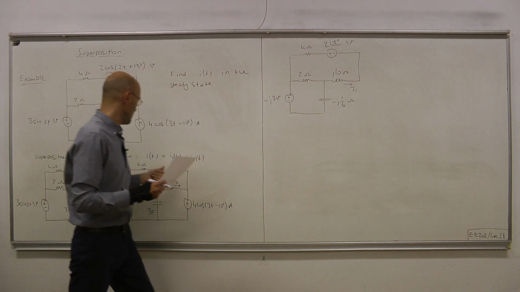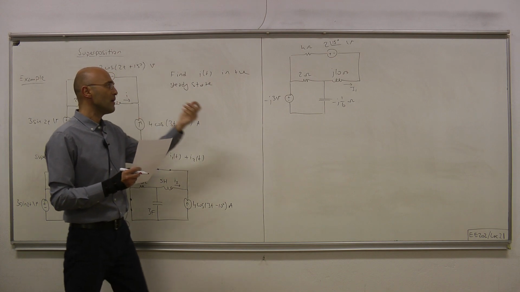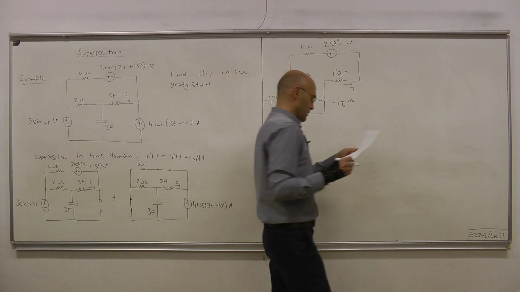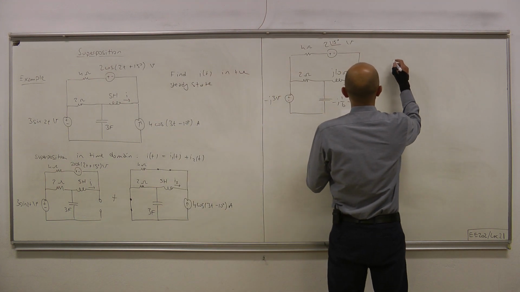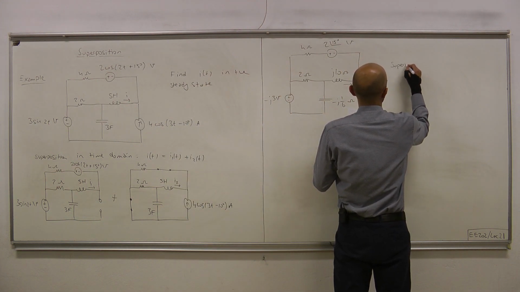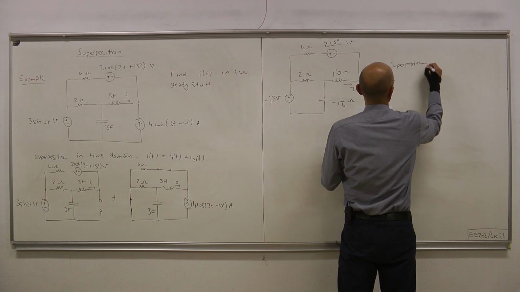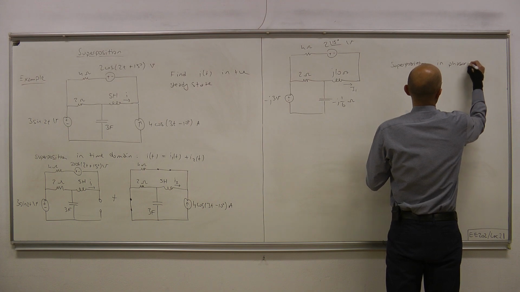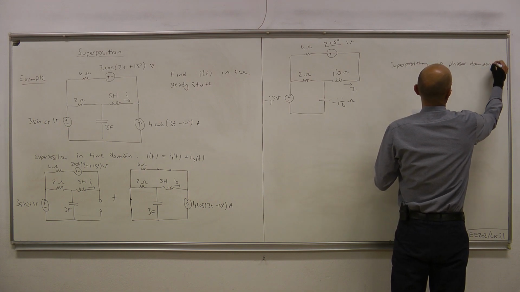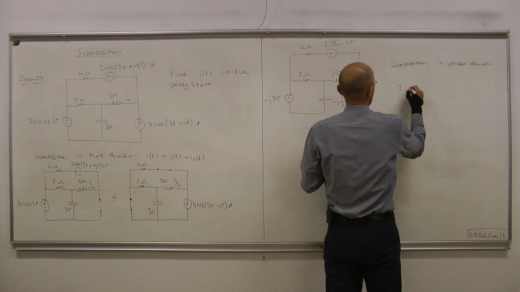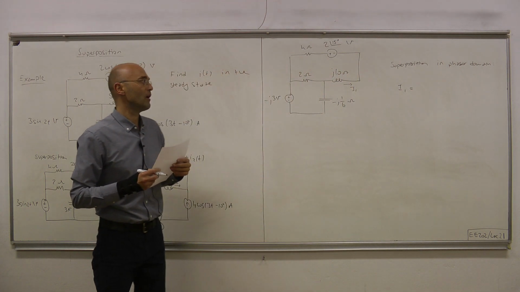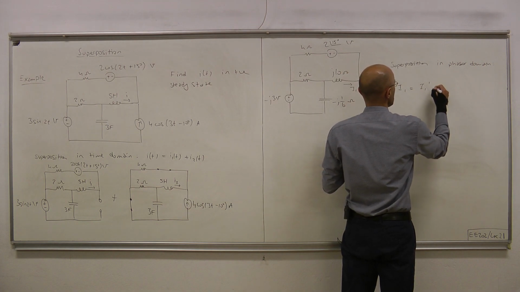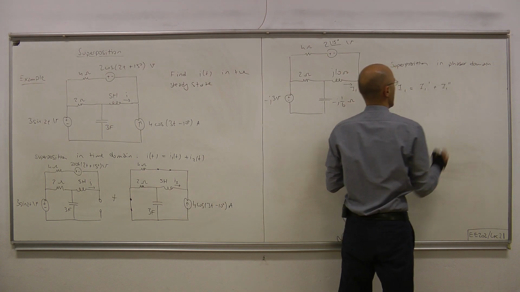At first it was in time domain, and this time we can apply it in phasor domain. So superposition can be applied in phasor domain also, and that implies that we can figure out I1 by simply considering one source at a time.